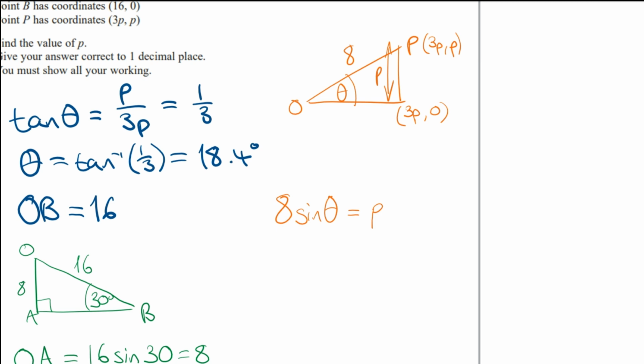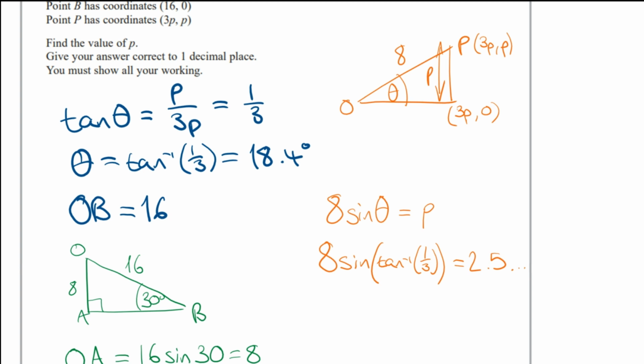We know that our angle theta is 18.4 degrees, but for the sake of avoiding any rounding error, I'll just put 8 sine, brackets, inverse tan of 1/3, and that's equal to, getting the calculator out, 2.5 and then some numbers.